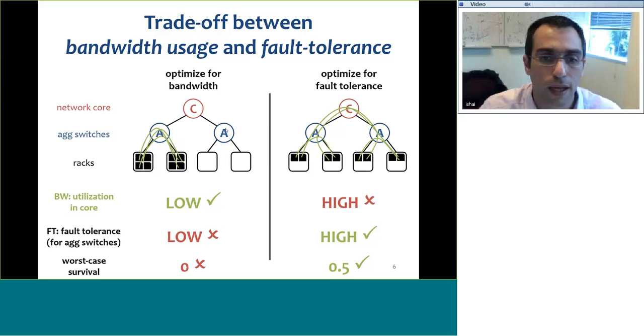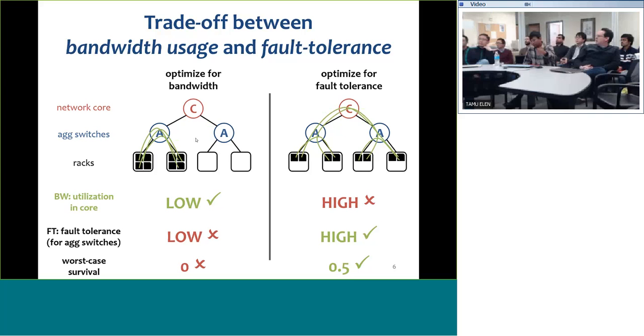The assumption we are making is that we care only about the core links, because these are usually the most expensive and congested ones, which you want to keep at plausible utilization levels. Then, of course, the right configuration goes through these 2 links, and the left configuration doesn't. Okay, I understand.